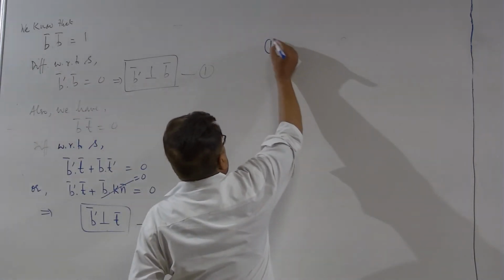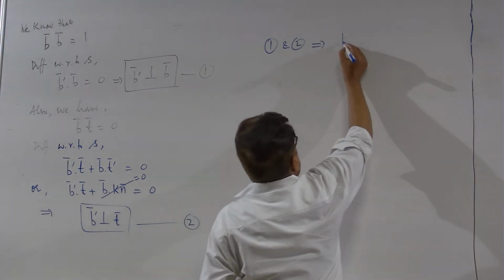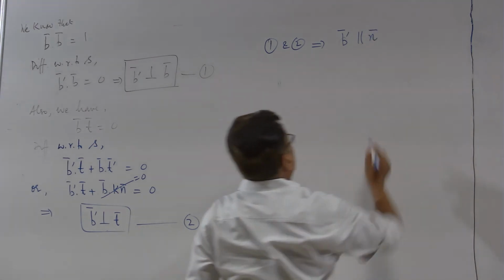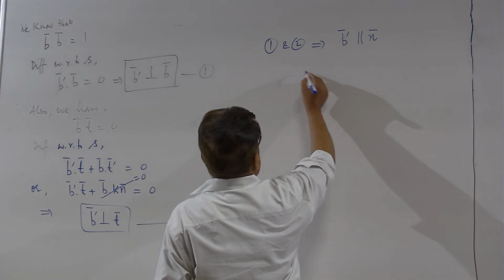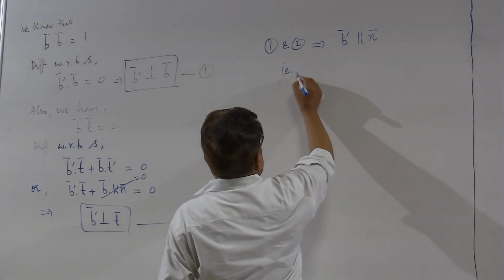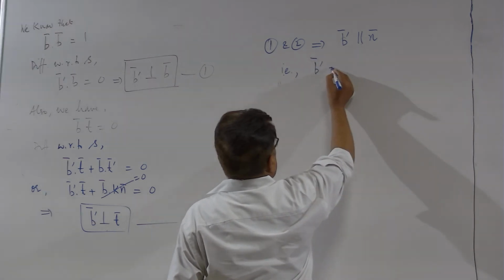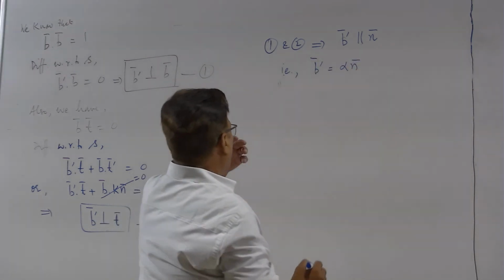So, 1 and 2 imply that b dash is parallel to n. If I write down, b dash is some alpha times n.